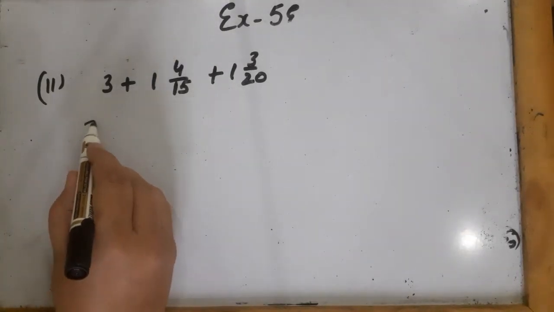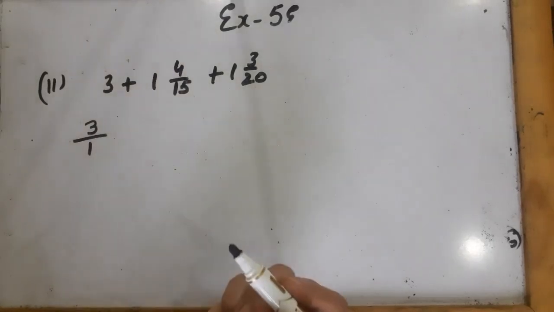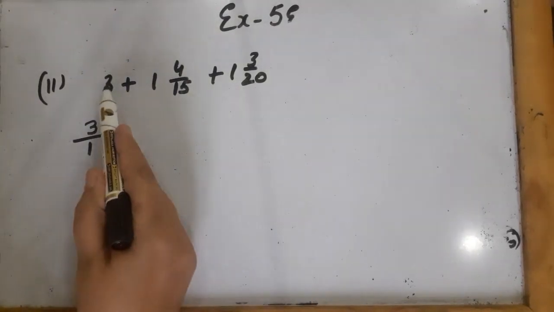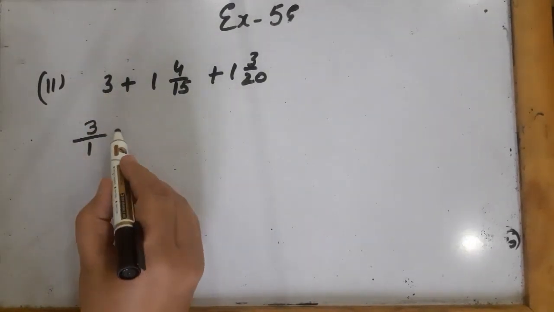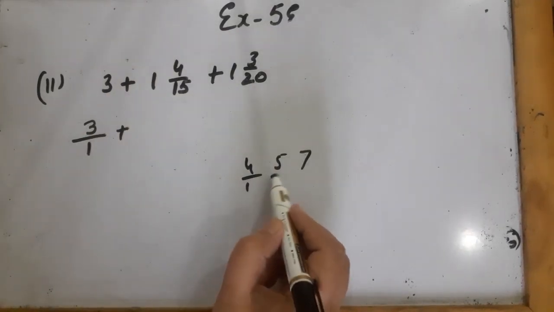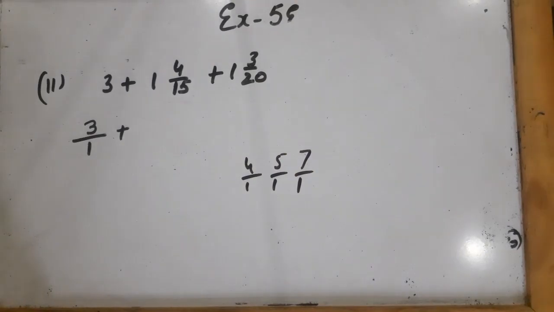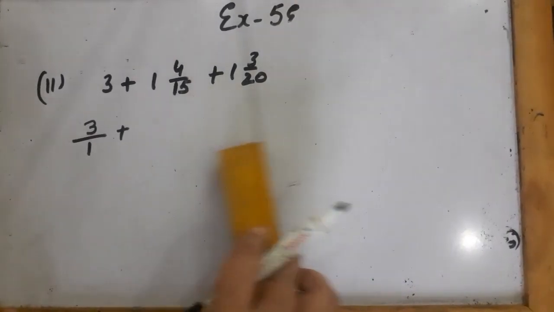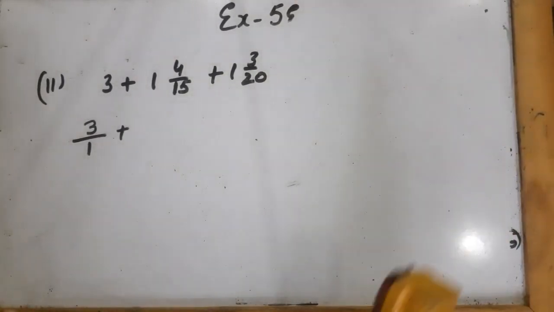How? By adding 1 as a denominator. So this becomes 3 by 1. So any whole number I can convert into a fraction by adding 1 as a denominator. So all the whole numbers are fractions also.